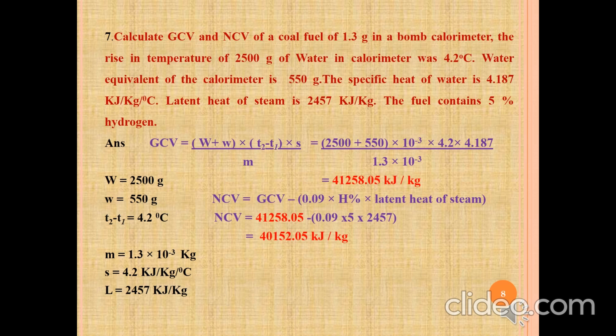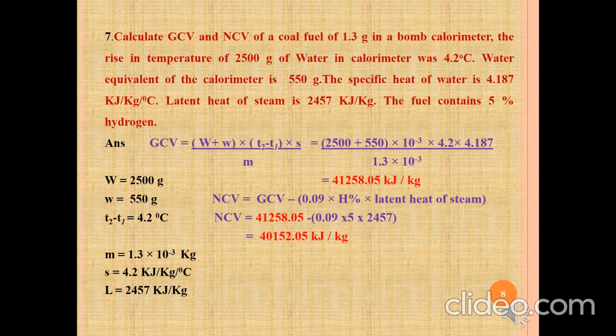So what is the formula to calculate GCV? That is very simple. That is (W plus small w) into (T2 minus T1) into S divided by M. So after writing the formula, you have to substitute the terms. That is 2500 plus 550 into 10 to the power minus 3, since it is given in gram, we have to convert into kg, into 4.2 into 4.187 divided by mass of the fuel, that is 1.3 gram.